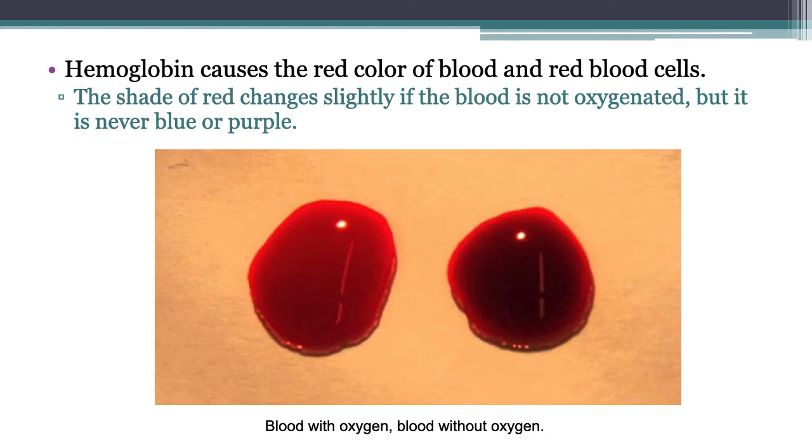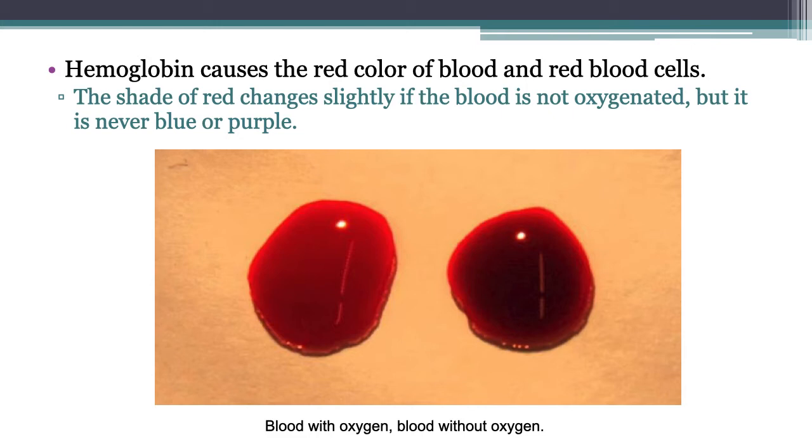Oxyhemoglobin versus deoxyhemoglobin. Deoxyhemoglobin does look bluish when you look at your arm and you can see your veins. That's where it kind of comes from. But if you were in a vacuum and you cut your hand, it wouldn't come out blue. So you can see that oxygenated blood is a brighter red color, and then it gets a little darker with deoxyhemoglobin.